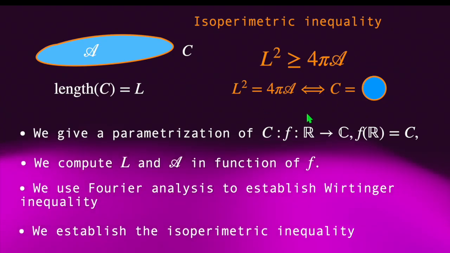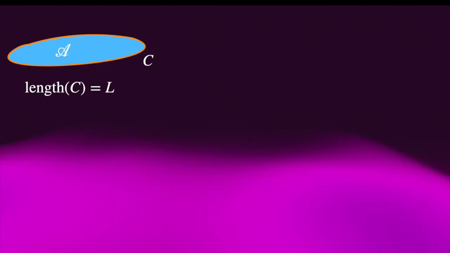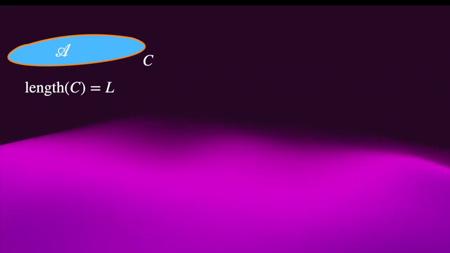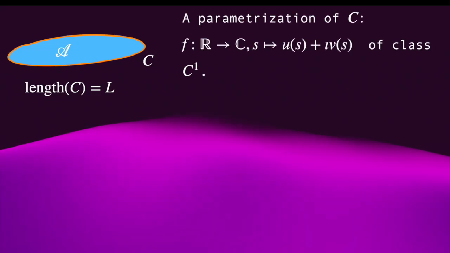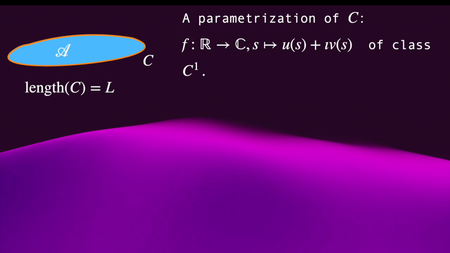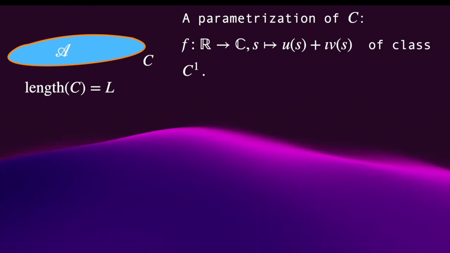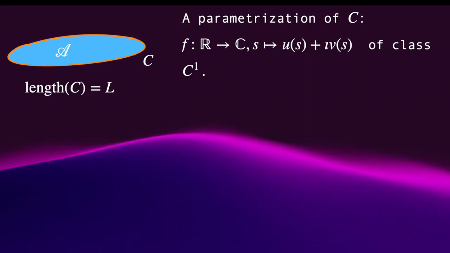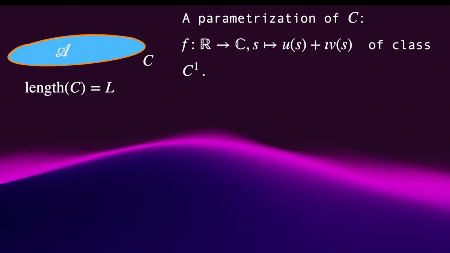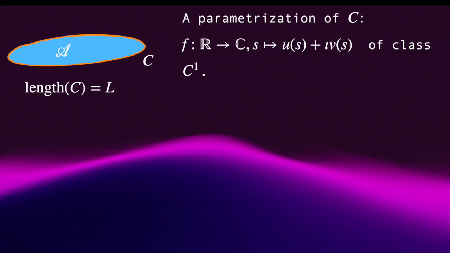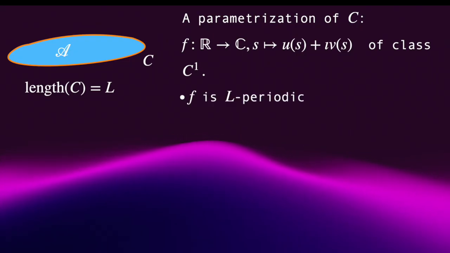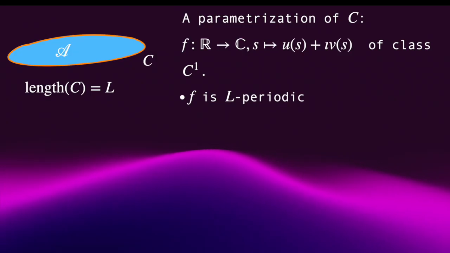So let's start. We have our situation. We have a curve of length L, and we are concerned about the area inside this curve. So first we give a parameterization of the curve C. It's a map from R to C of class C1, and it's L-periodic.